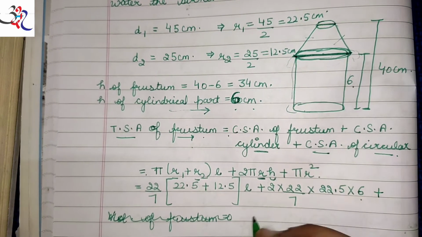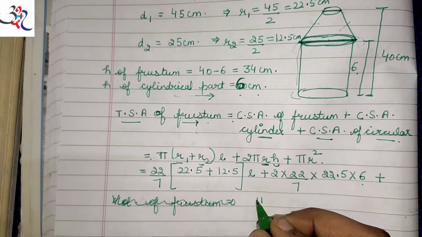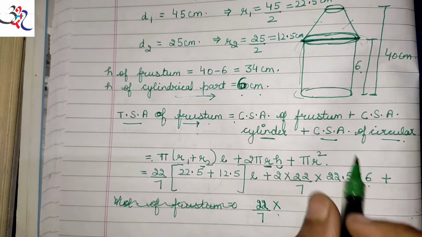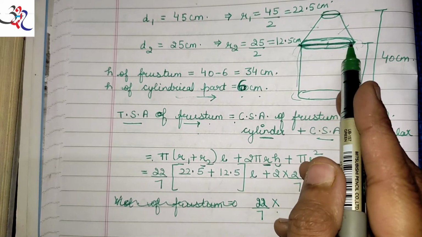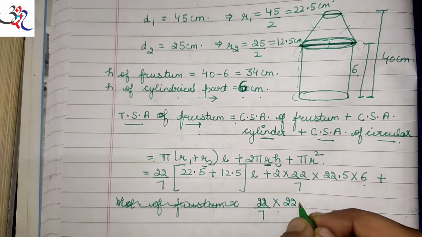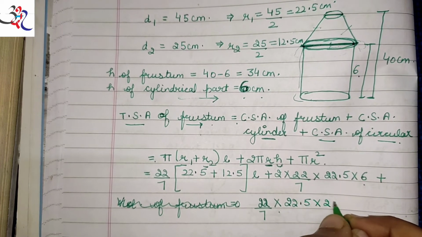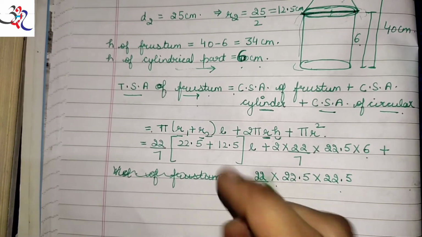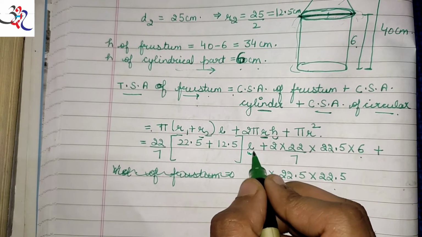Similarly, put the values for the circular base: 22 by 7 for pi into r, the radius of the circular base, which is also the bigger radius of the frustum, 22.5 into 22.5.